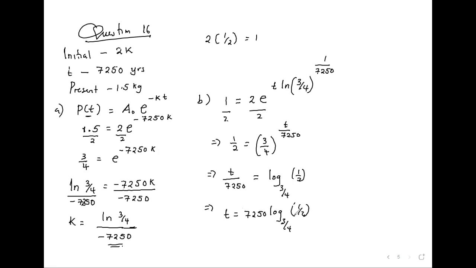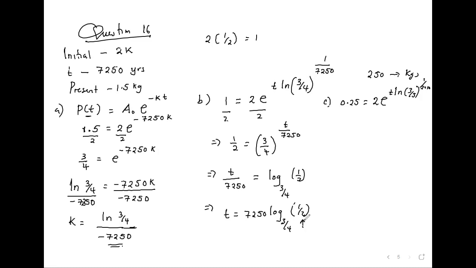Then how long will it take until there is 250 grams? That's where now you convert 250 grams to kgs. So we get 0.25 is equal to, we're still looking for time, so you have the initial, and then e to the power T of the whole thing here, 3 over 4, 1 over 7250. Now you're solving T. So the only change we are doing in this one is here where there was half, now we'll put 0.25 over 2.